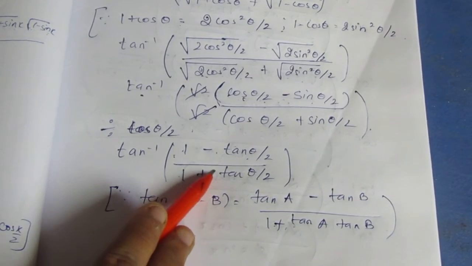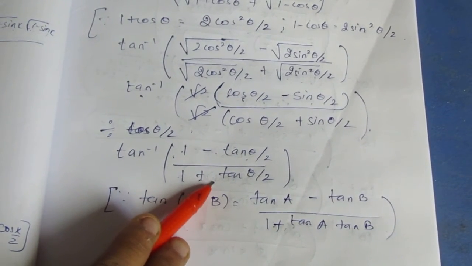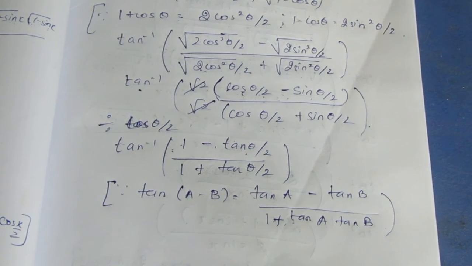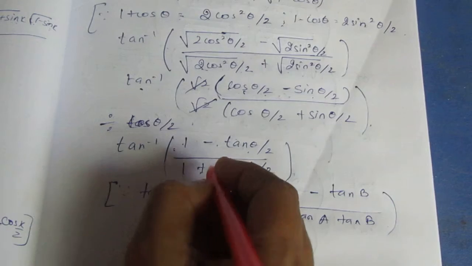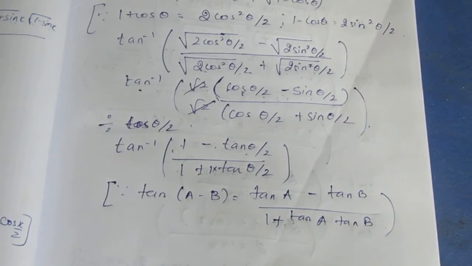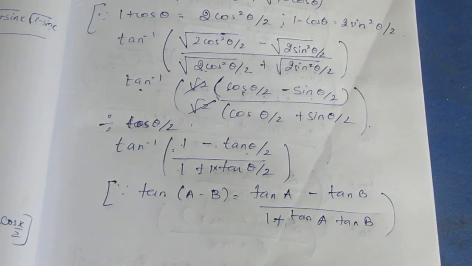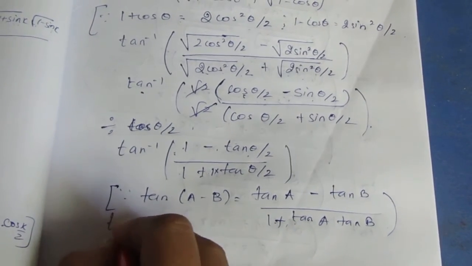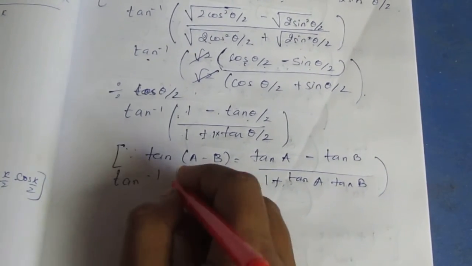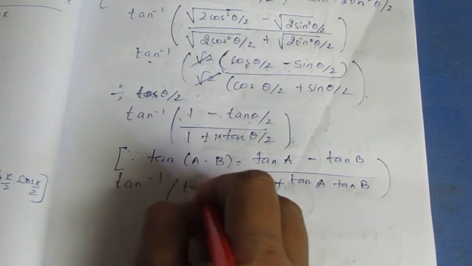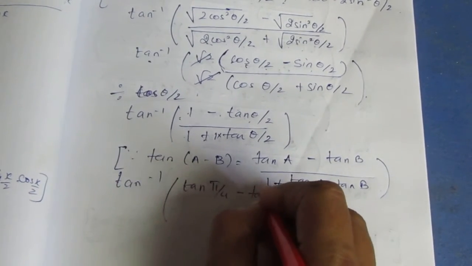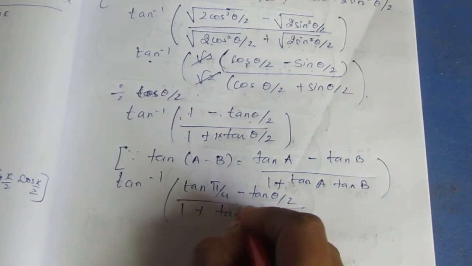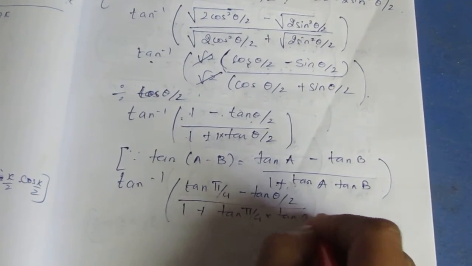We have 1 multiplied, so in the place of that 1 I can substitute tan pi by 4, which is nothing but 1. So I can write it as tan pi by 4 into tan theta by 2. There is no change in the question. So tan inverse, in the place of 1, tan pi by 4 minus tan theta by 2 by 1 plus tan pi by 4 into tan theta by 2.